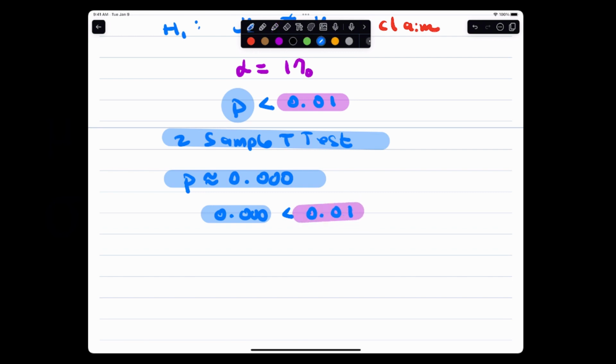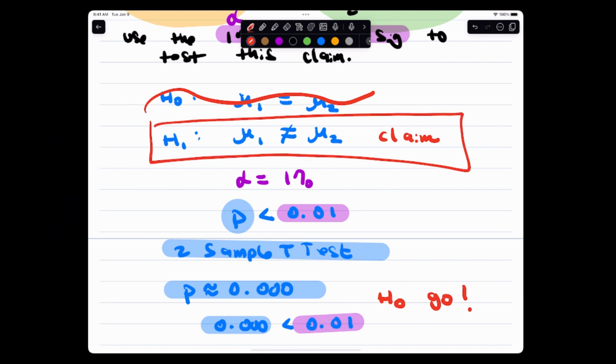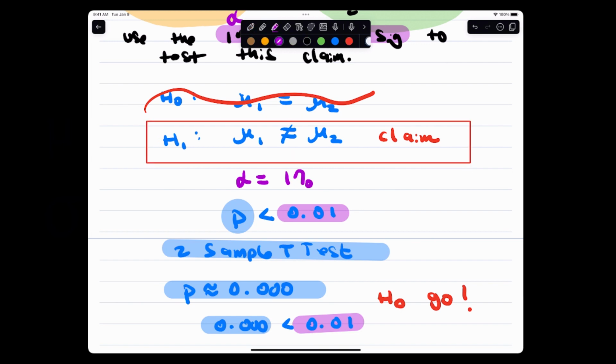What does that mean? If the p-value is low, then null has to go. Goodbye, null. What does that mean? That the means are different. The sample supports the claim.